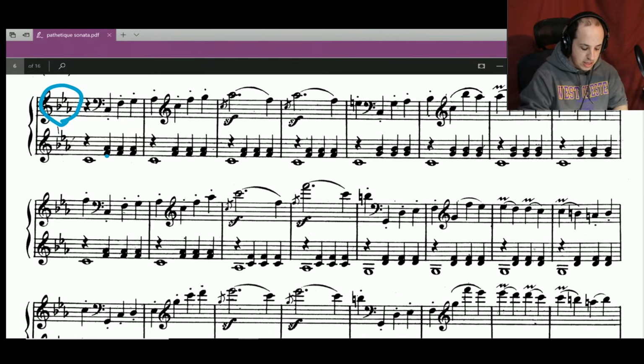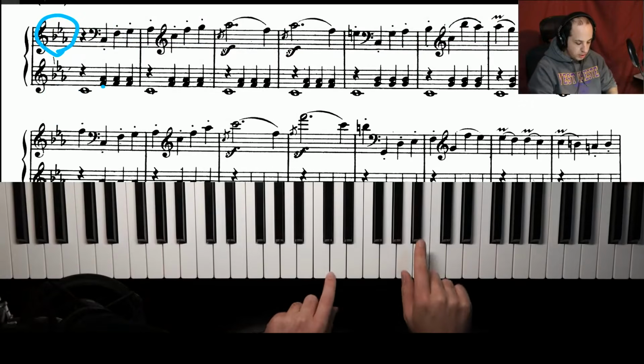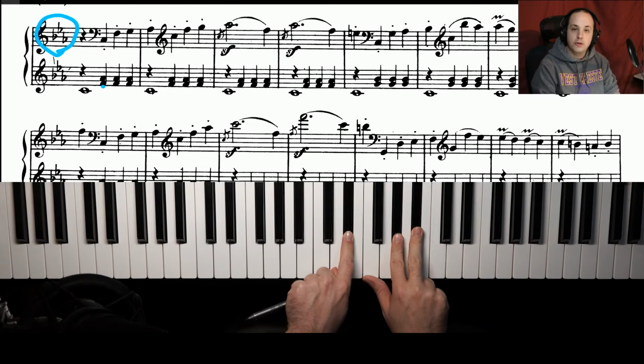Because if you had like the key of G, like I mentioned, you'd expect an F sharp in the key signature. In this case, it's a little tricky. It happens to be in C minor, which happens to have these three flats, B flat, E flat, and A flat. Let me show you right here. So B flat, E flat, and A flat. Those three flats.